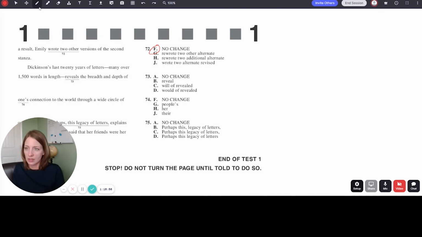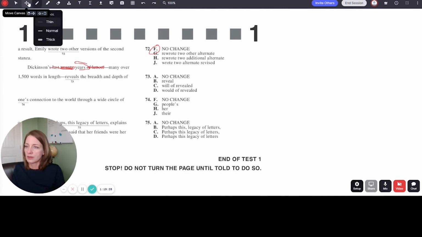Okay. The subject is not going to be of letters. Nope. It's not going to be that. It's not going to be an adjective. Okay. Years. There's your subject. Okay.